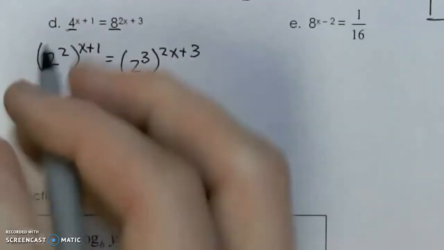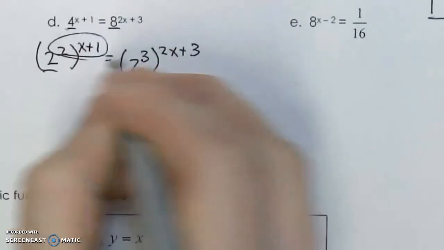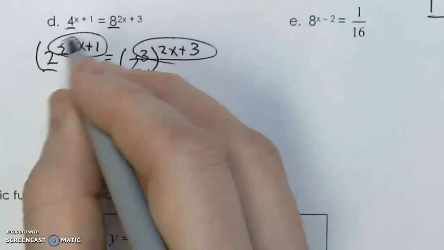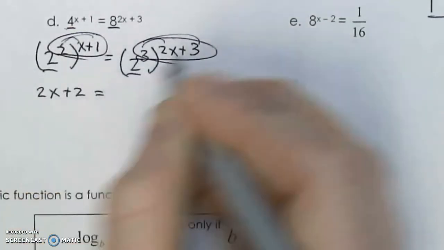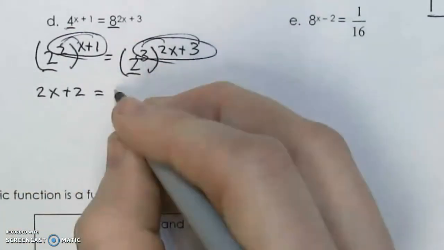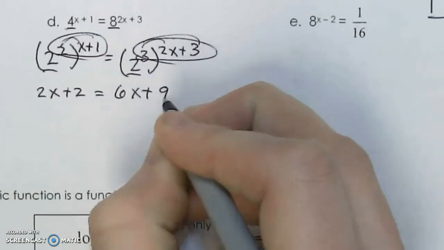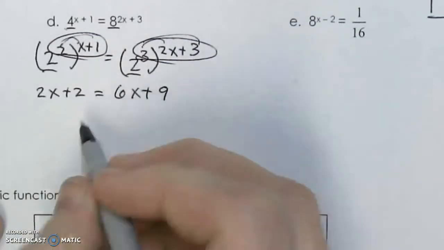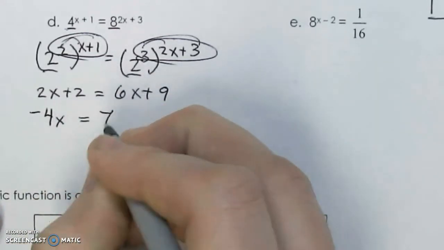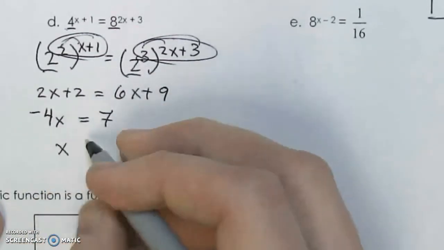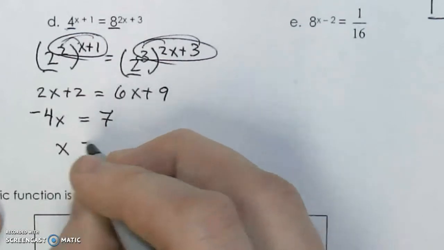And so now they have the same base, and I can set these exponents equal, and I'm going to need to distribute the 3 and the 2. So I'm going to have 2x plus 2 and 6x plus 9. Let's subtract 6x to the other side, subtract 2 over to the 9, and divide by the negative 4, and I'm getting negative 7/4.